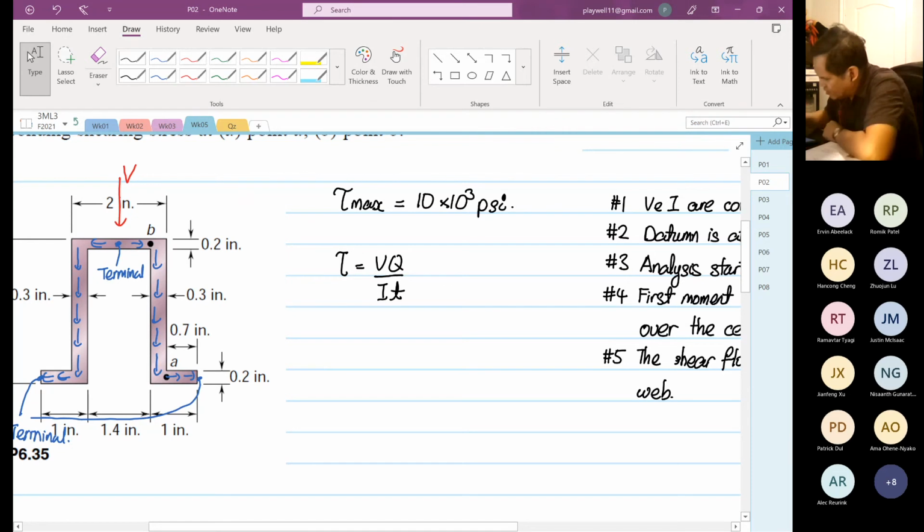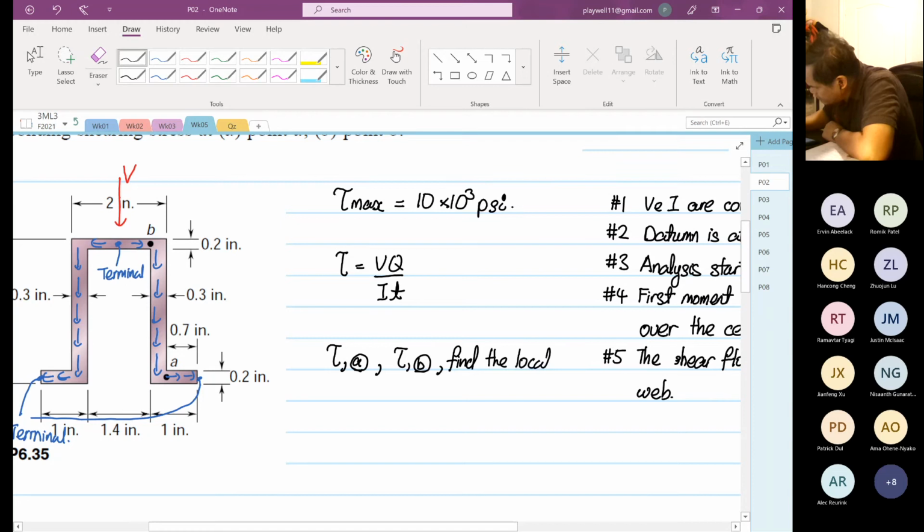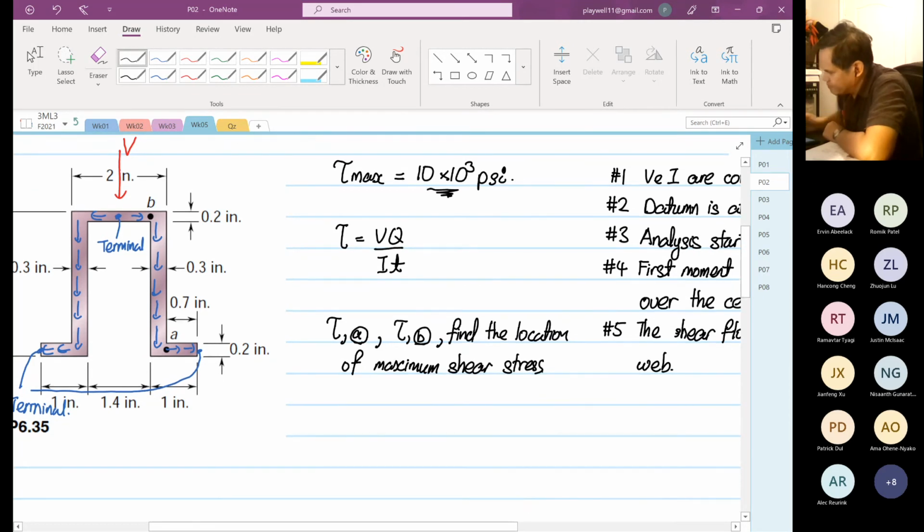We want to find the shear stress at point A, the shear stress at point B, and the location of maximum shear stress. Only if we can find the maximum, then we can apply this equation.